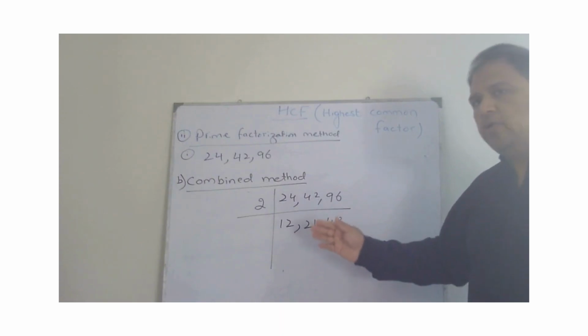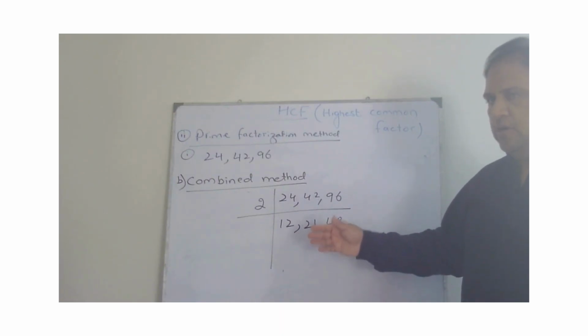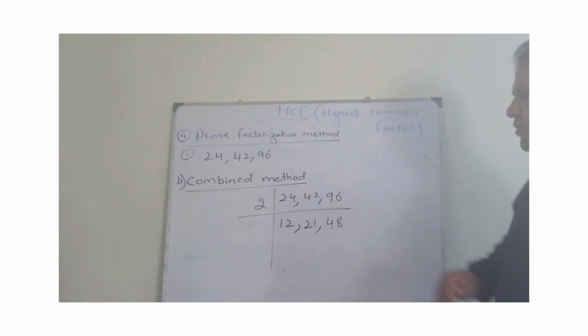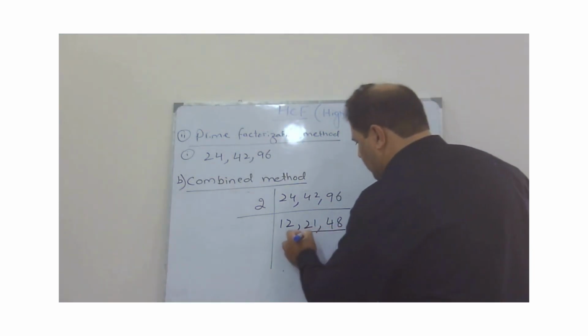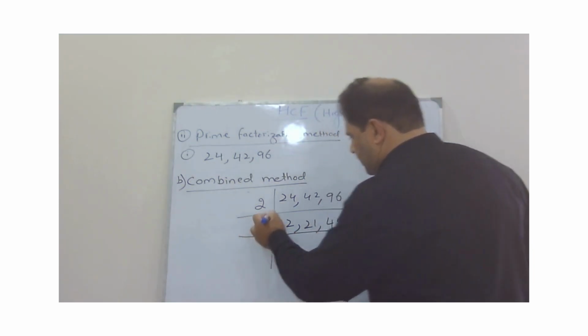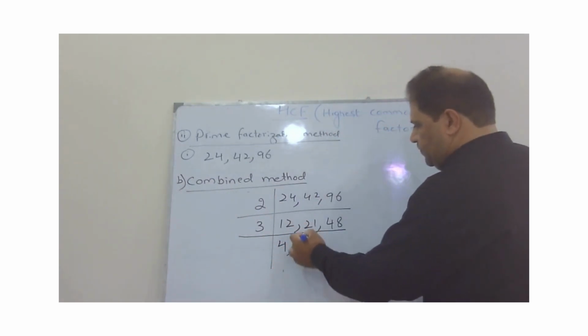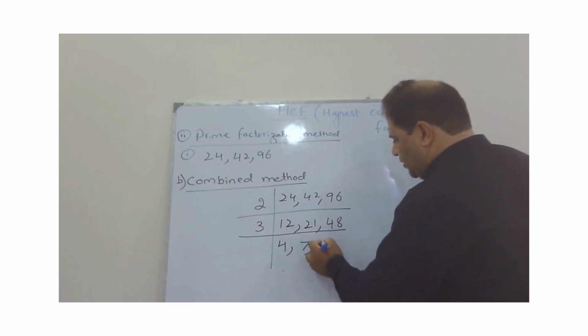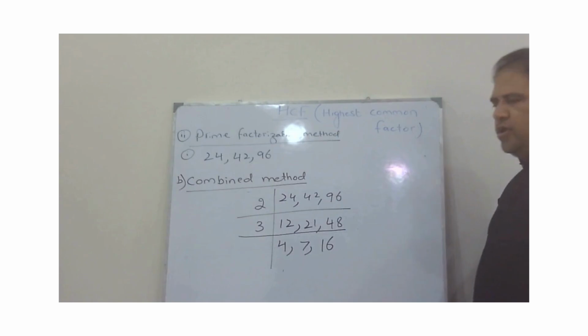So now we cannot take it as a common factor. So we should find a number which can divide all 3 numbers. Let's take 3: 3 times 4 is 12, 3 times 7 is 21 and 3 times 16 is 48.